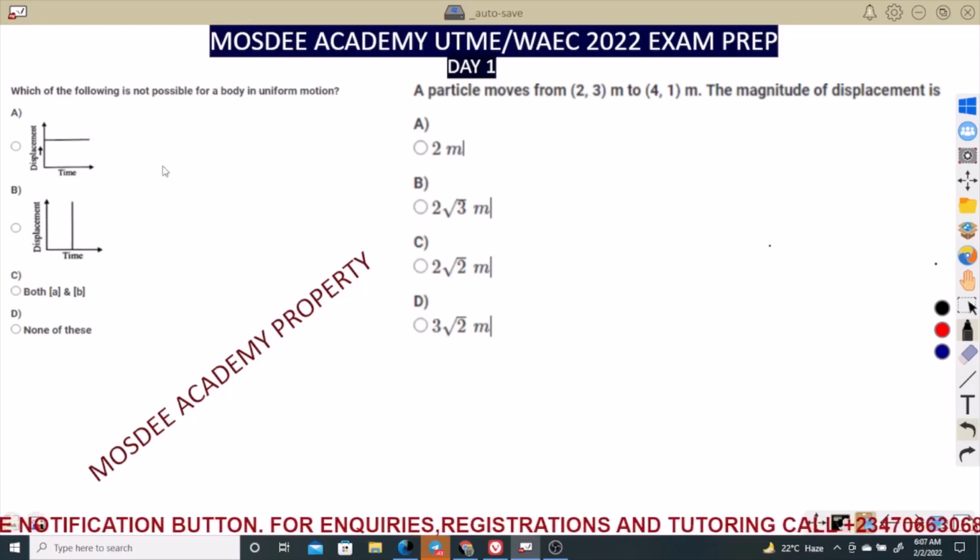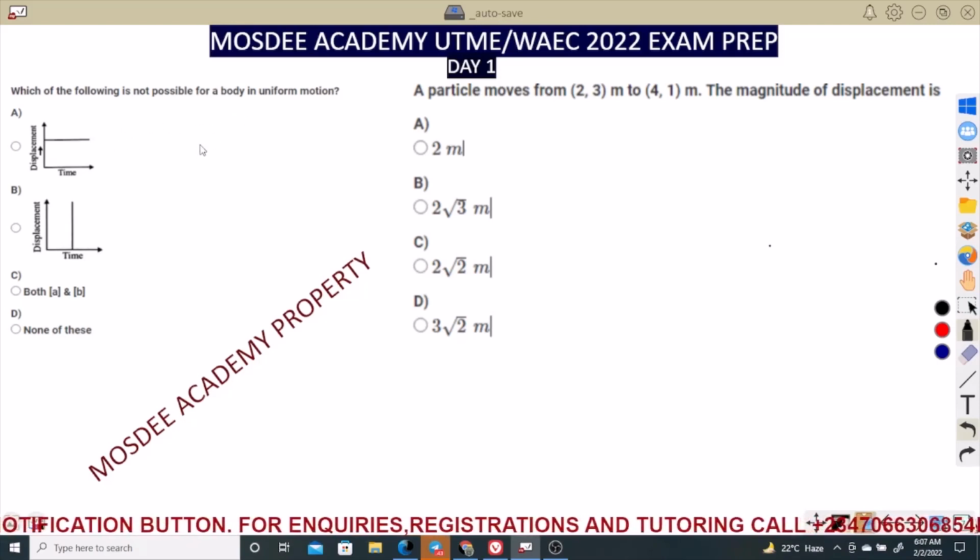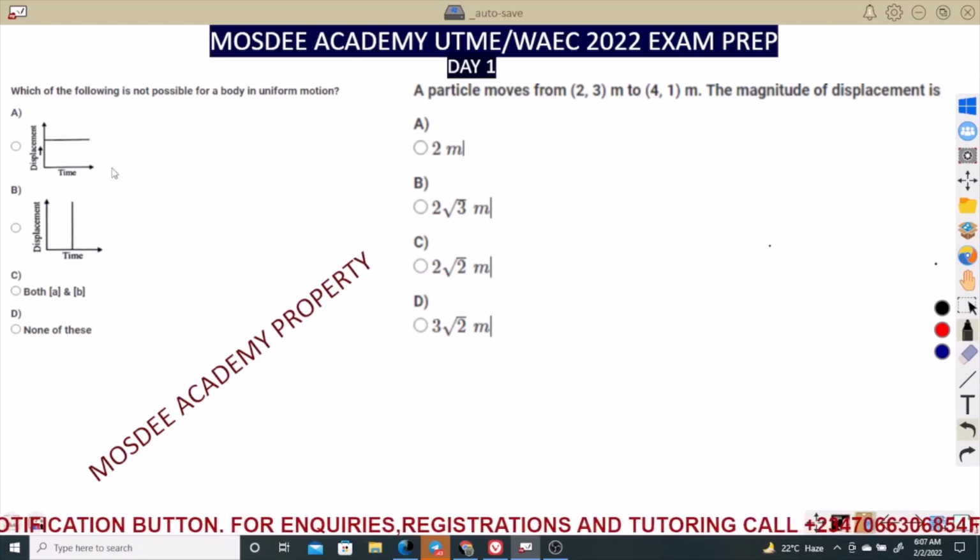The first question: which of the following is not possible for a body in uniform motion? Which of the following is not possible for a body in uniform motion?